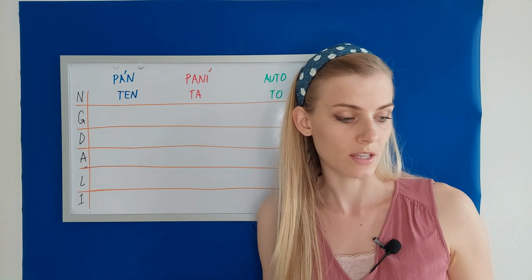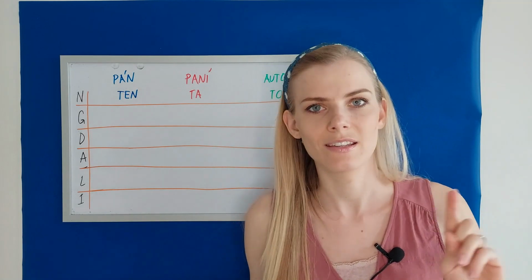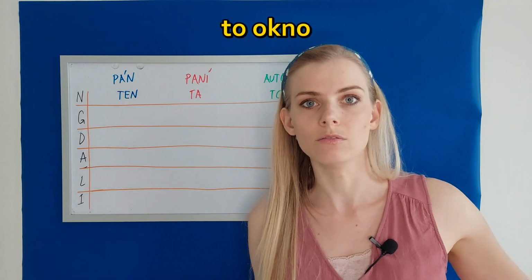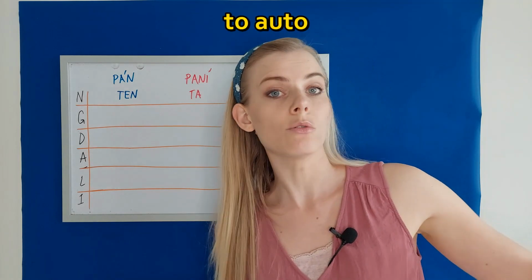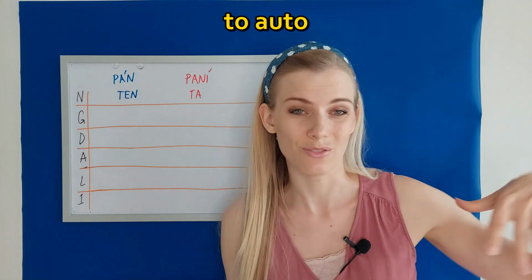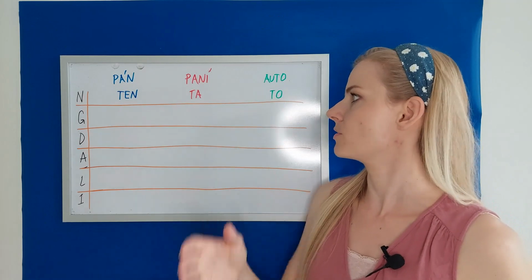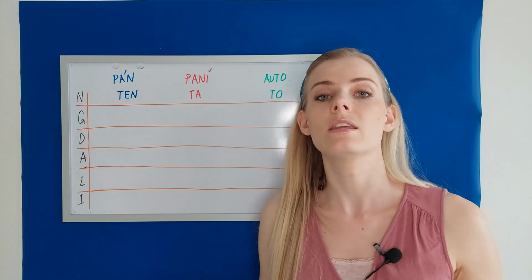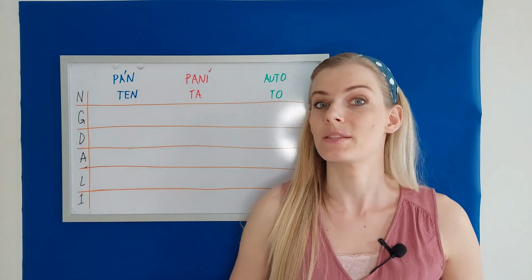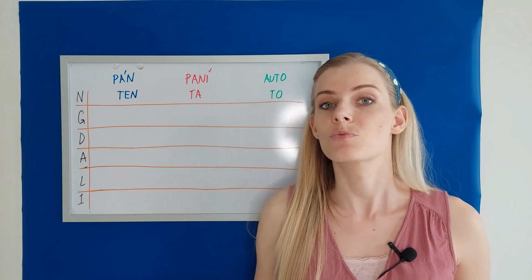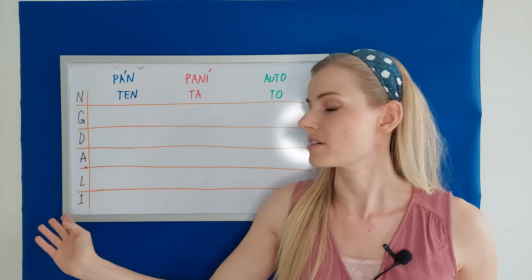So I would be pointing at the window, which you cannot see. To okno, that window. Or I see a car in the street. To auto, I'm pointing. The car is not right here. So these are their nominative forms. We will be working with some sample sentences, which we will use to distinguish the cases.